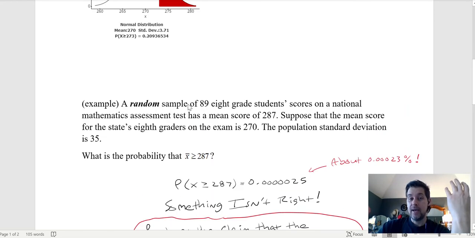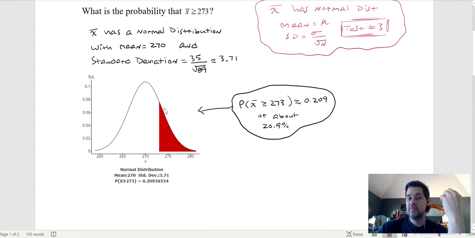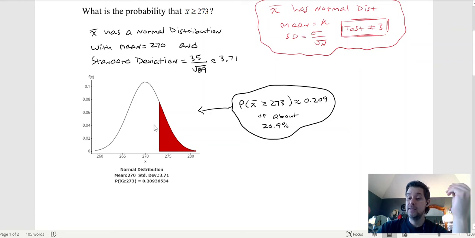Well, again, that comes from the same normal distribution. The sample mean, from a sample of 89, has a mean of 270, which is the population mean, and a standard deviation of the population standard deviation over the square root of the sample size. So that's the same distribution, and I went to StatCrunch again.